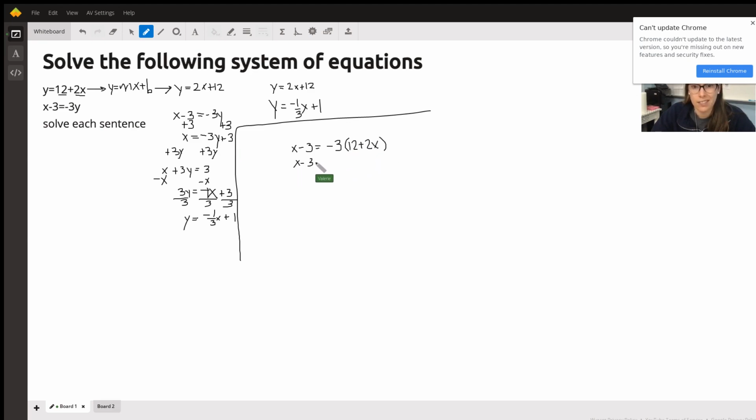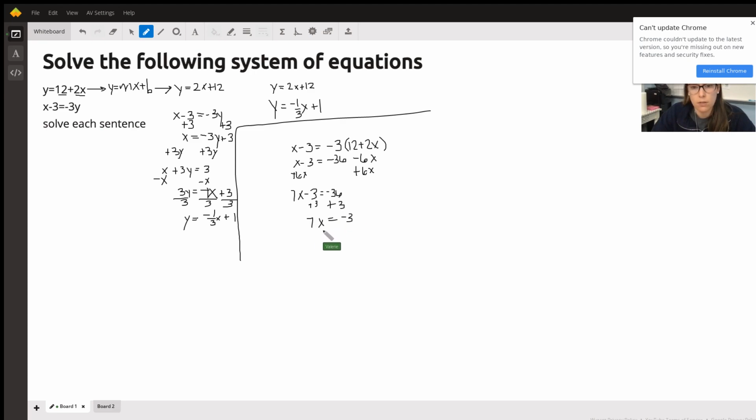Okay, running out of time here, so I'm going to try and go as quick as possible. I'm going to distribute, get the variable on the same side. So I get 7x minus 3 equals negative 36 plus 3, okay? And I would be left with 7x equals negative 33.